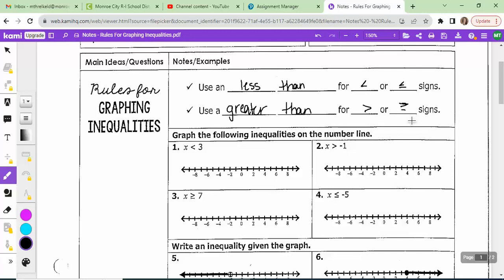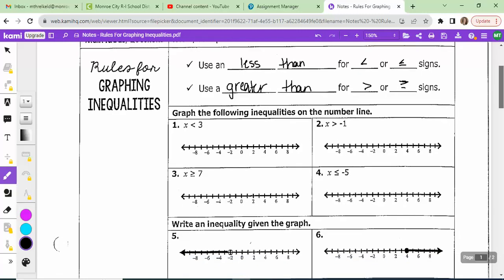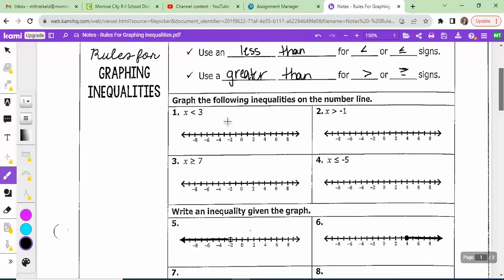So, we are going to start just by graphing some inequalities. You have to be able to read what the inequality says. So this says x is less than 3. When we go to graph it, it does not have an equal to. So we're going to start at 3, and we'll either do an open or a closed circle.